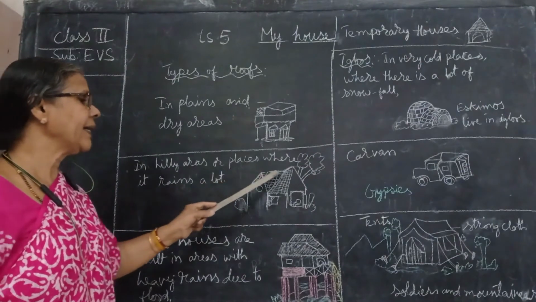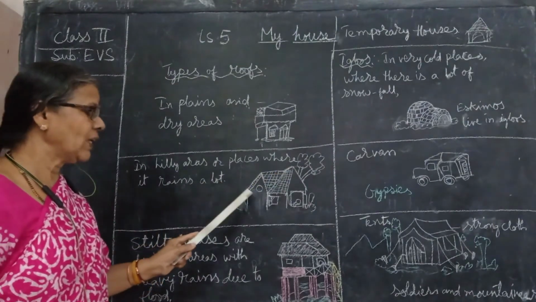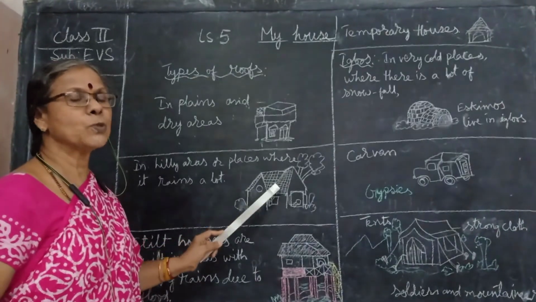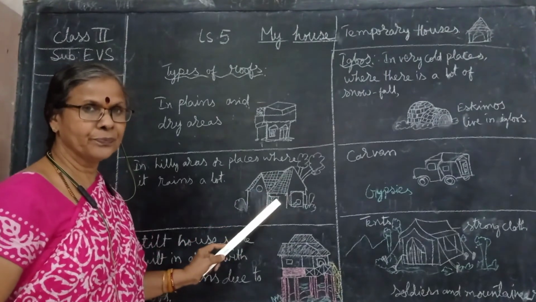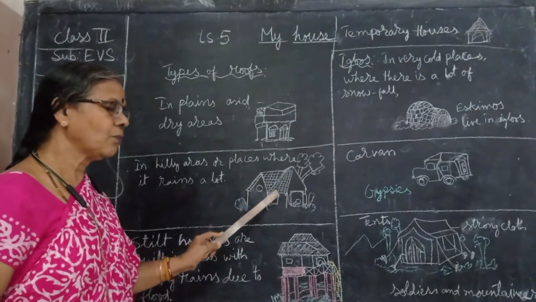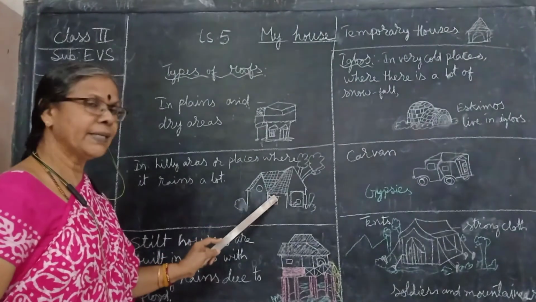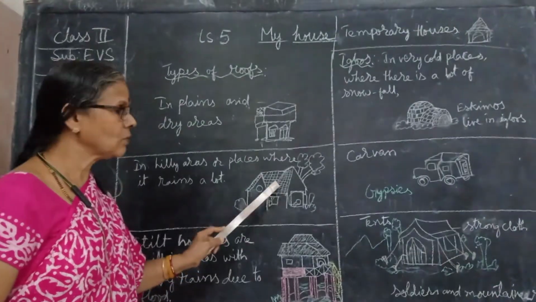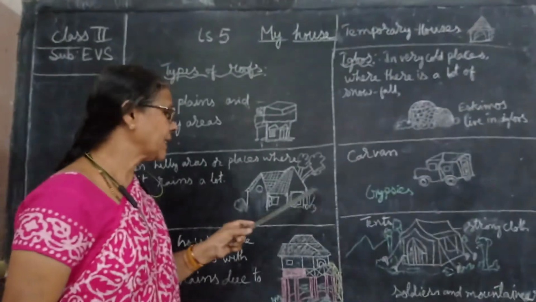And in hilly areas where it rains a lot, you will find the slope shape of the top roof, isn't it? So water will fall down immediately. It will not stagnate or be collected in that.